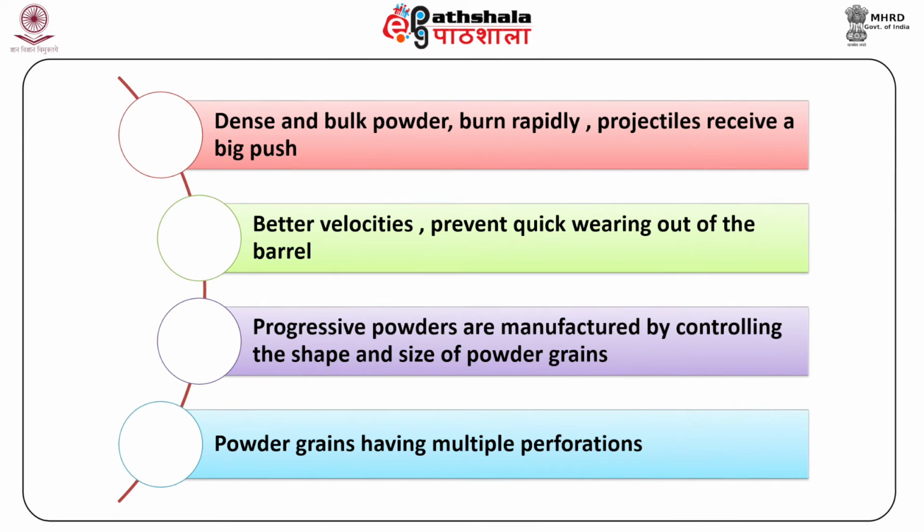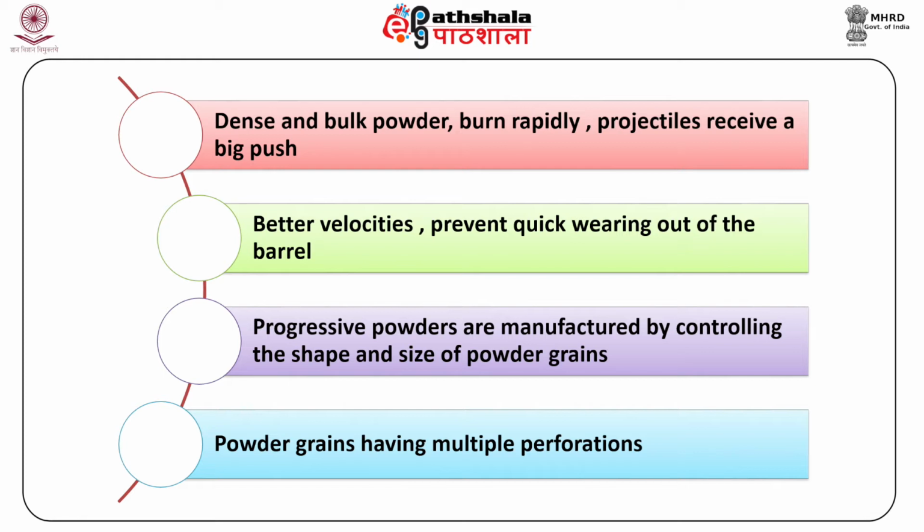Dense and bulk powder, when ignited, burns rapidly, with the result that the projectiles receive a big push. Gradual development of pressure not only provides better velocities but also prevents quick wearing out of the barrel.